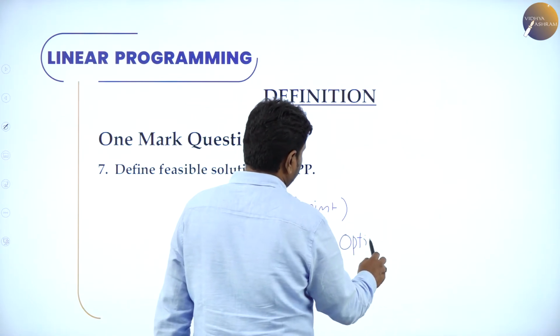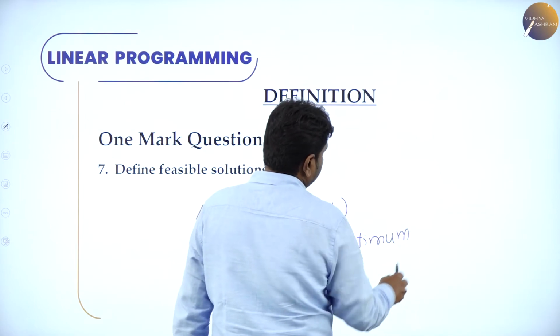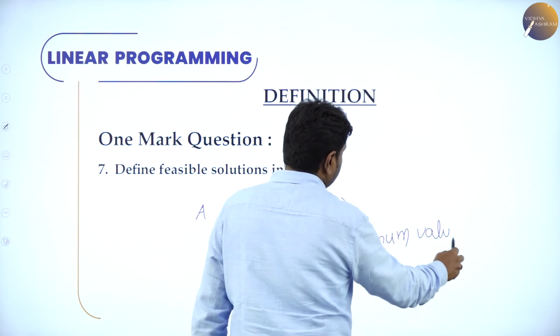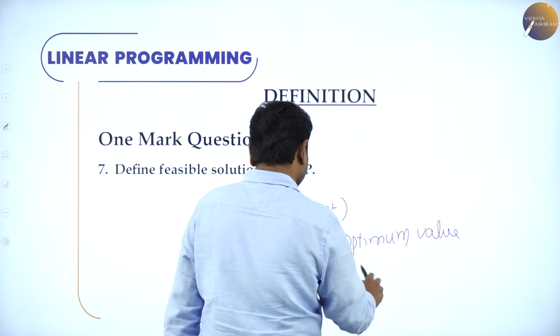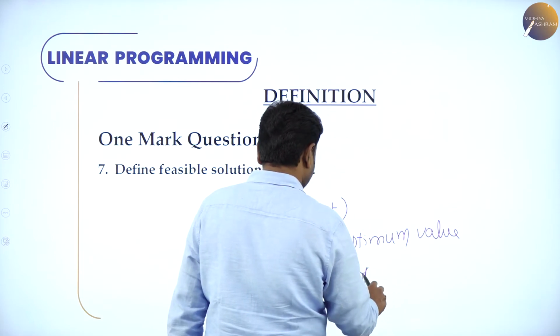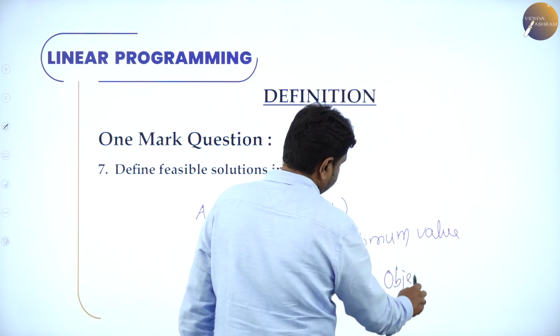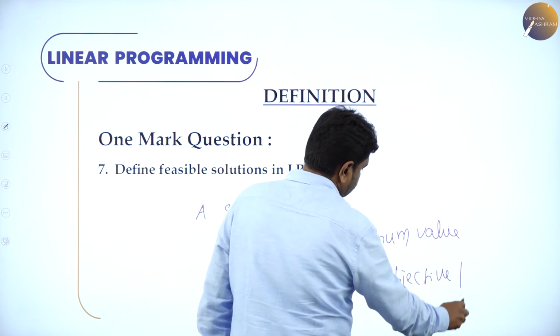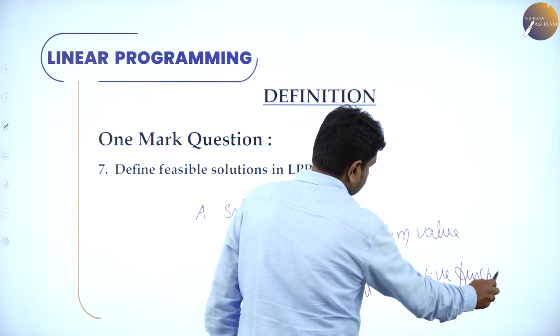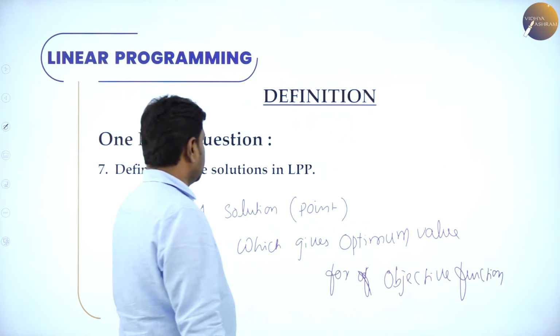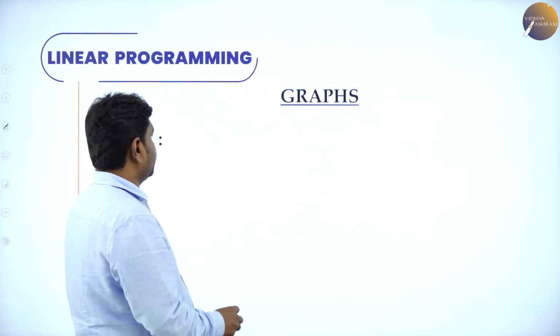What is meant by optimum value? Maximum or minimum, the optimum value for the objective function. So now these are the simple definitions.